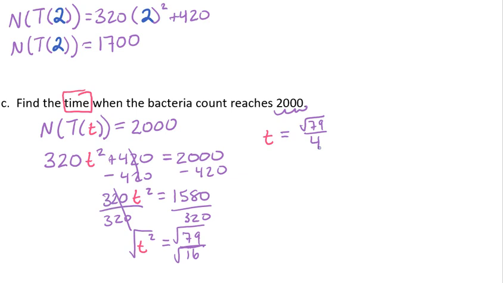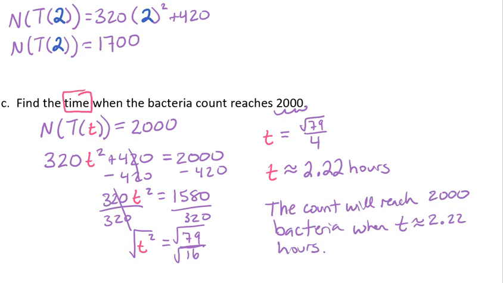Now if you told somebody that it would be radical 79 over 4 hours when the bacteria reached 2,000, they would look at you like you're a crazy person. So we need to convert that into a decimal, something that people can understand. If we put that into our calculator, we get that approximately the time will be 2.22 hours.